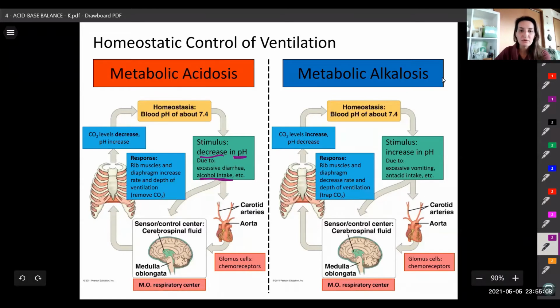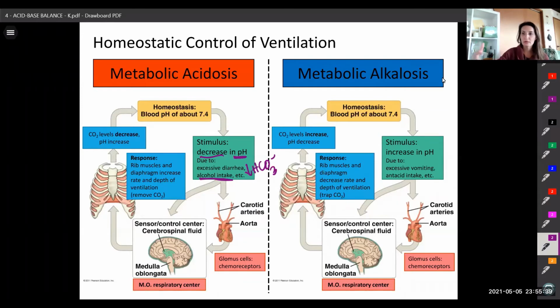Alcohol intake would mean excessive ingestion of acids, and that would cause an imbalance where there are many more metabolic acids within the body fluids versus the bicarbonate. And so comparatively, the bicarbonate is low. Right? And so in each case, we would say we have a decrease in bicarbonate, compared to our acids.